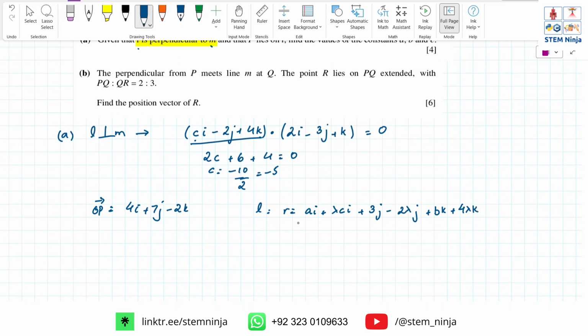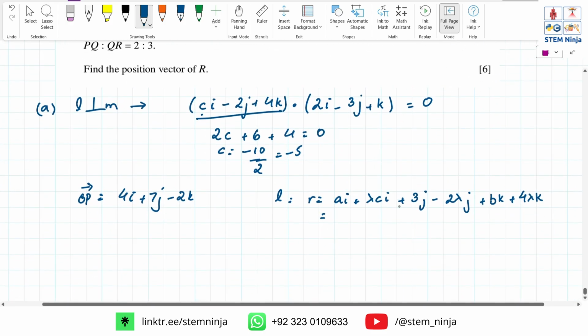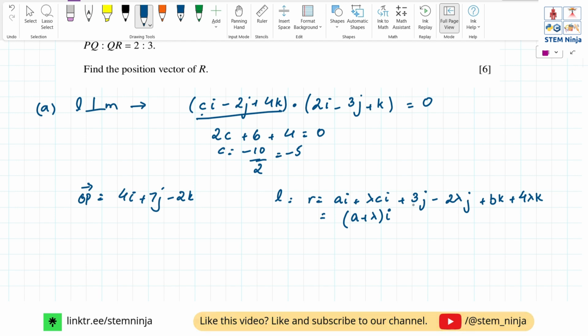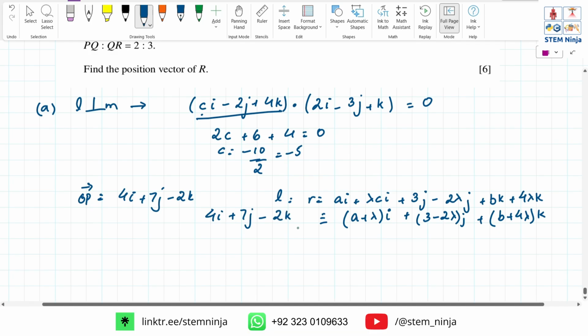All right. So this would mean that this is a plus lambda c i, then we have 3 minus 2 lambda j, and then we have b plus 4 lambda k. The coefficients will be matching these 4, 7, and minus 2.